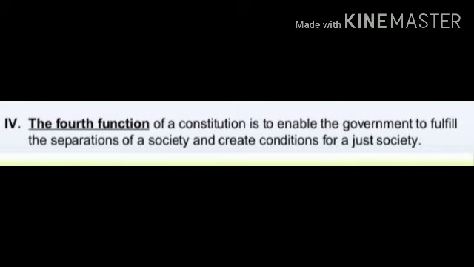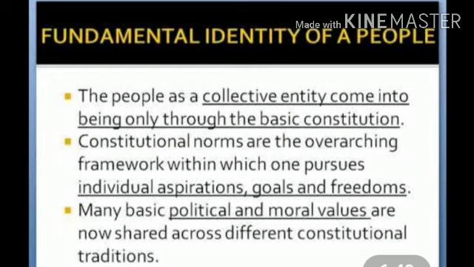Now we have seen all the four functions of a constitution, and thus we need a constitution in a democratic country. Finally, and perhaps even most importantly, a constitution expresses the fundamental identity of a people. That means the people as a collective entity come into being only through the basic constitution.